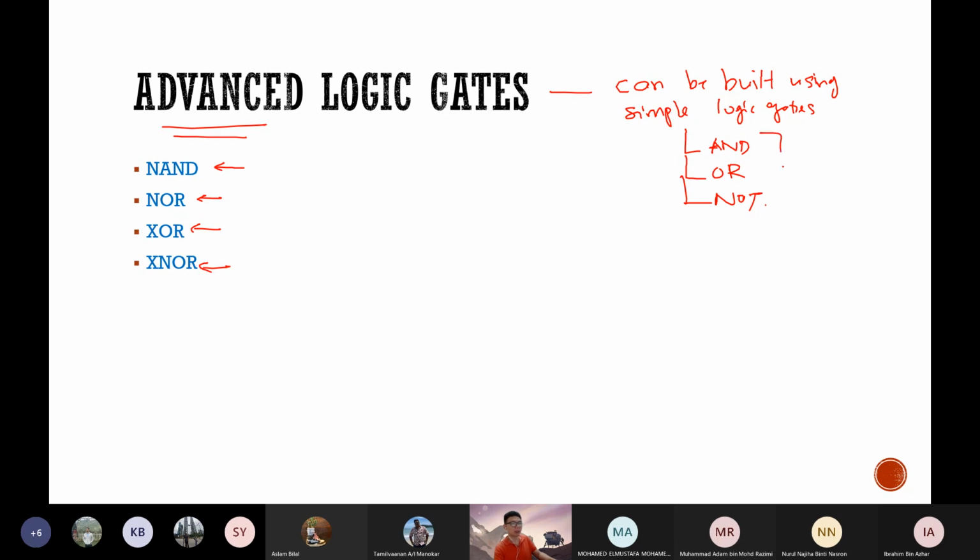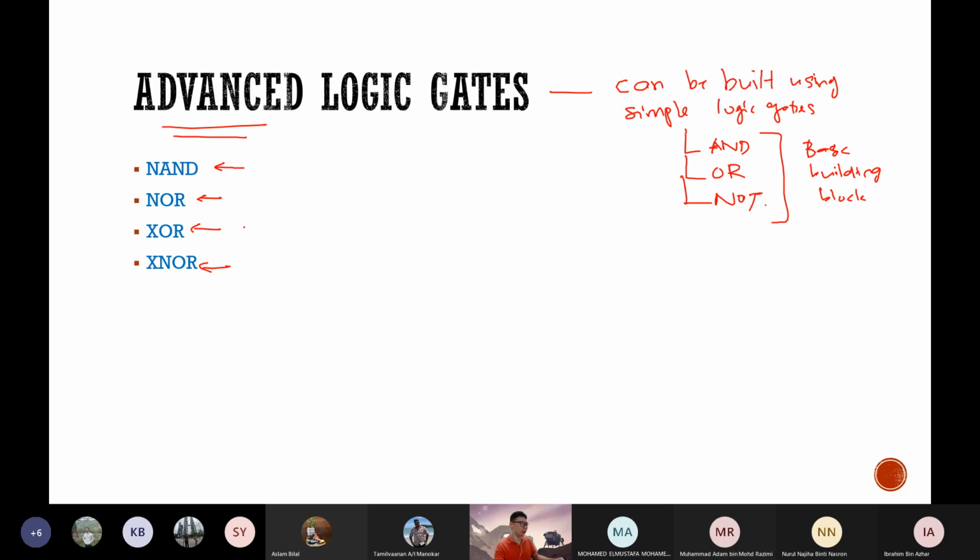The basic logic gates are basic because they are the basic building blocks. You cannot break them into simpler gates anymore. But an advanced gate is a combination of the basic building blocks.